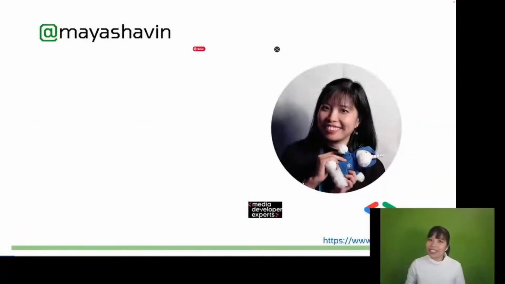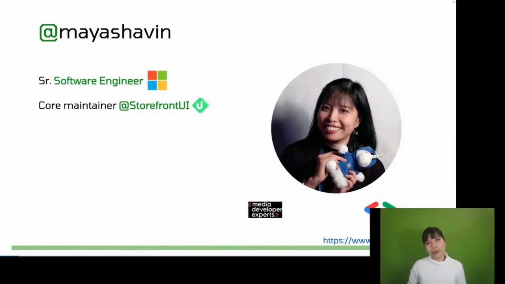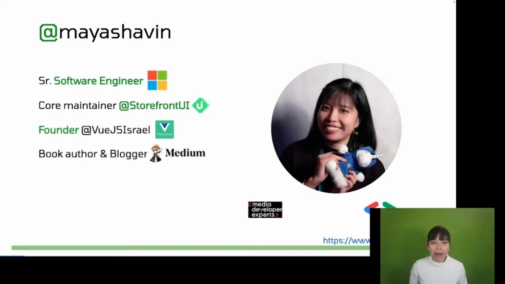Okay. So first and foremost, a little bit about myself. I'm Maya Shavin, and I'm a senior software engineer at Microsoft. I'm also co-maintainer of Storefront UI, which is the component library framework for e-commerce, which is the main feature in this talk today. I'm also founder of the Vue.js Israel community, and I'm a book author and a blogger. I like to blog and write about front-end development and anything interesting to me.